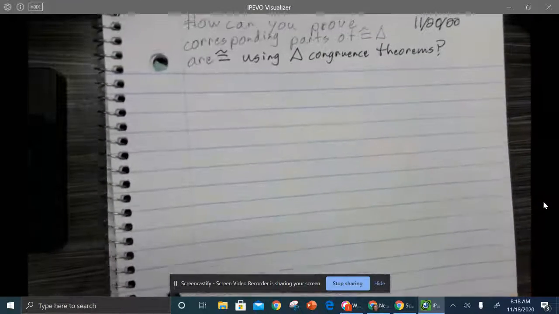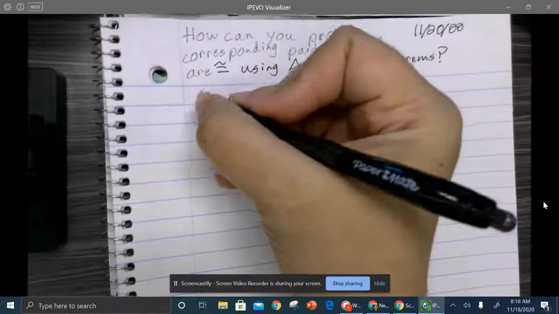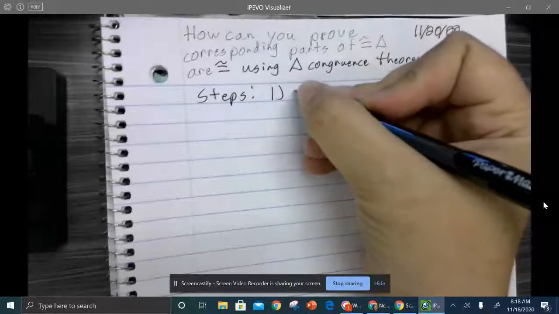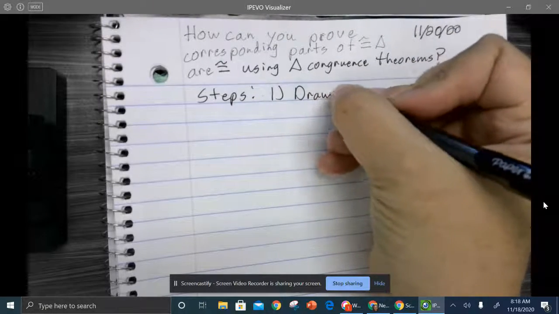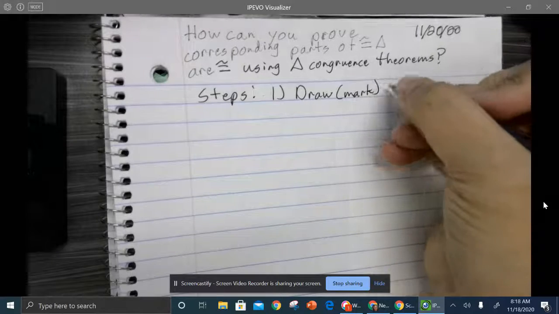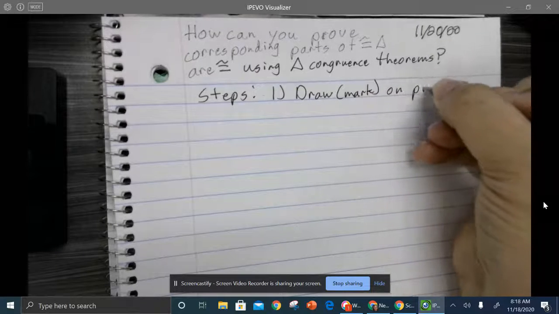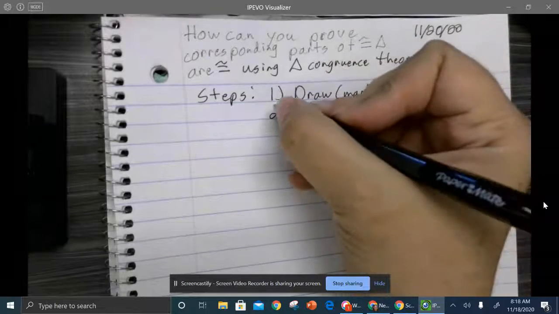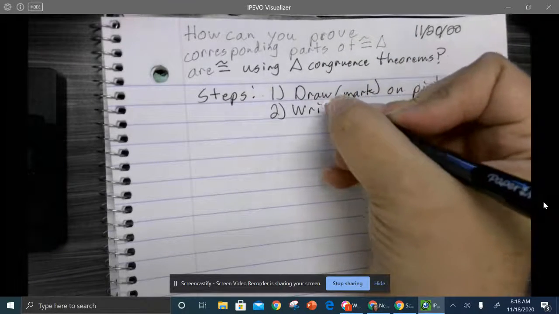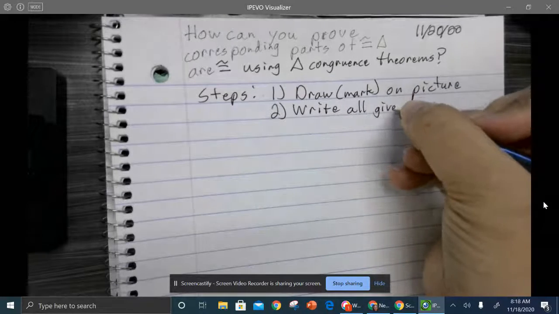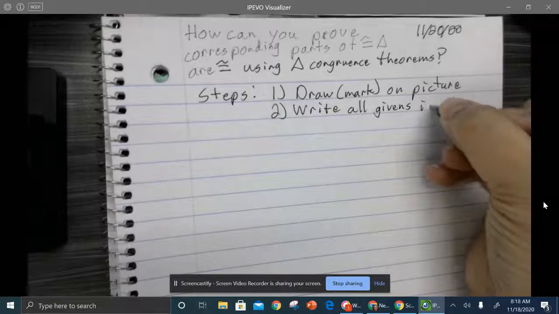Okay, so the steps for this, everybody. Draw, mark on the picture. Write all the givens in the proof.